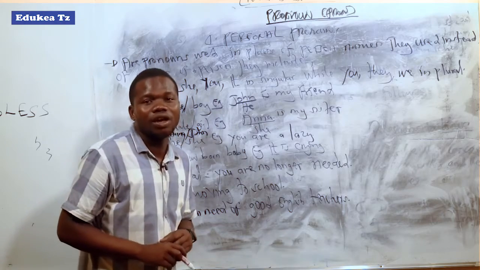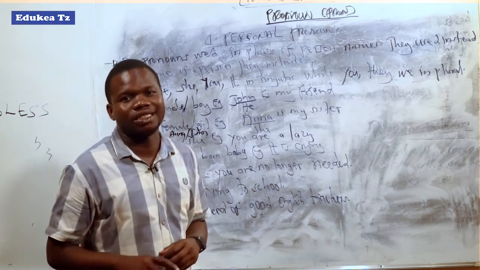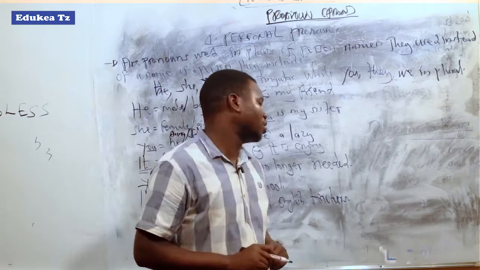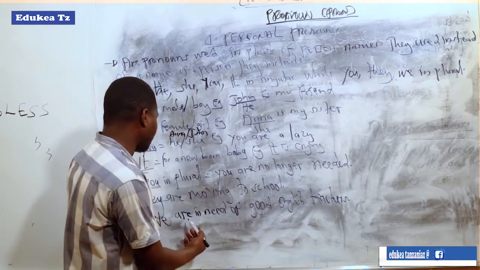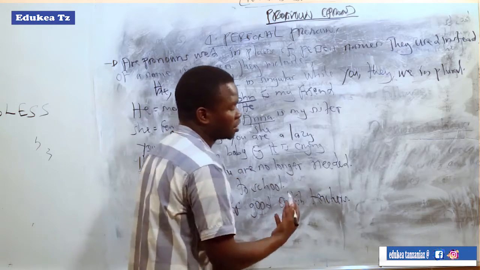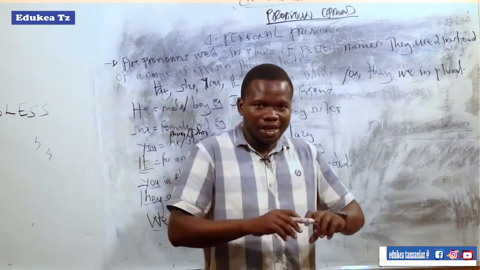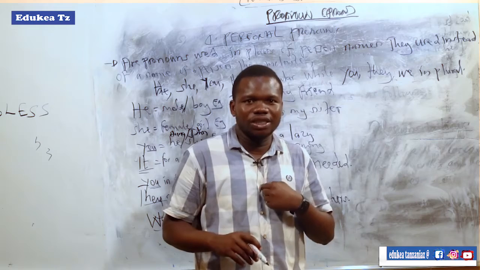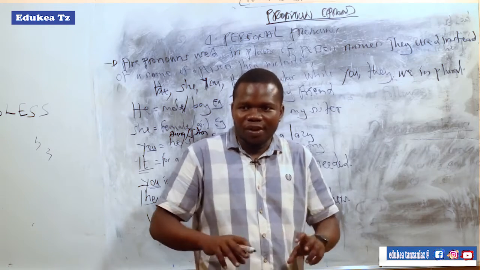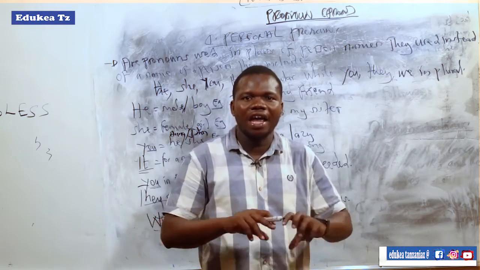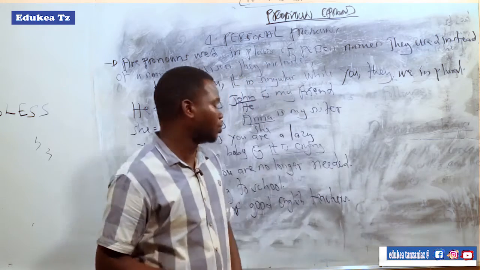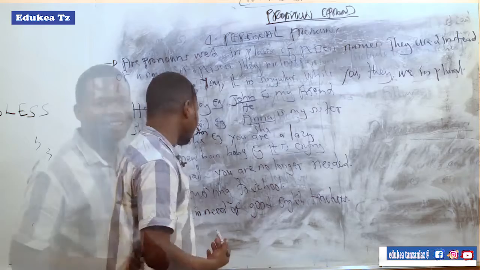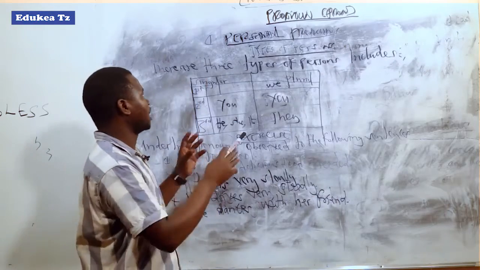Then I may say we are teachers. We are good teachers. So here I have written an example: we are in need of good English teachers. So we are in need, including myself. So instead of mentioning my name and my fellows who are in need of good teachers, I can use the pronoun we.